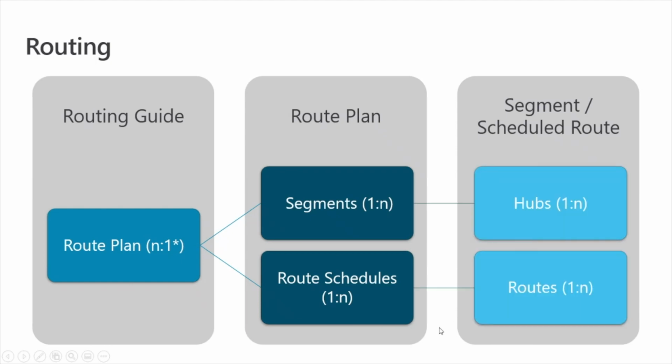And then if we go to our lowest level within routing, so if we look at our relationship between our segments, their lowest level is the hubs that we define in transportation management. And these are just your origin and your destination points within that segment of the route.